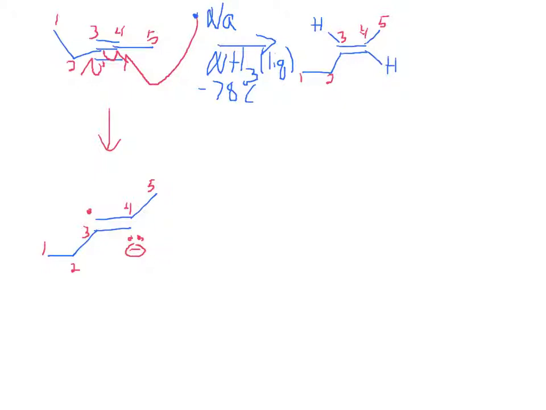So now our NH3 comes into play. Remember how we talked about an sp hybridized carbon being able to stabilize a negative charge? What's the hybridization state of this carbon 4?